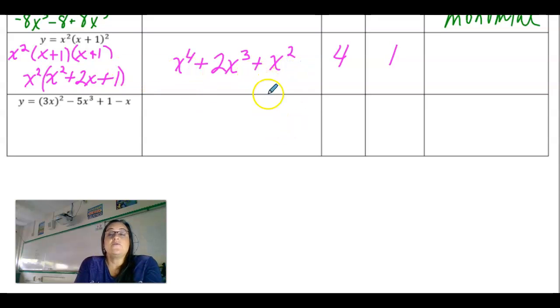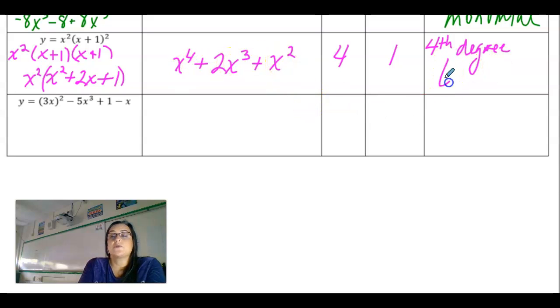And now that we're in standard form, you can see that we were right with our degree being 4, and with our leading coefficient being 1. So when we classify this by degree, since the degree is 4, we would call this a fourth degree polynomial, and then it has 1, 2, 3 terms, and so we call that a trinomial. So this is a fourth degree trinomial.